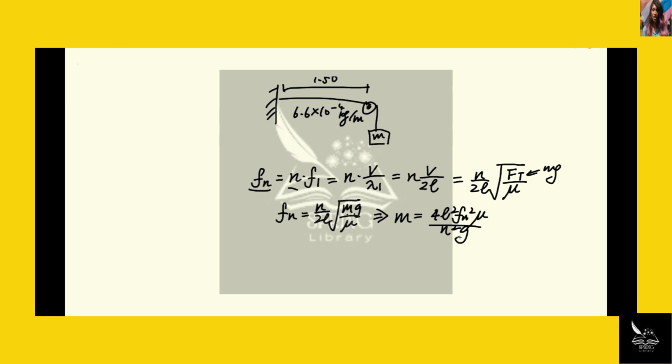So for Fn, we know that the mechanical oscillator over here has a fixed frequency of 120 Hz. So for part 1, when we only have 1 loop, that corresponds to n equals 1.